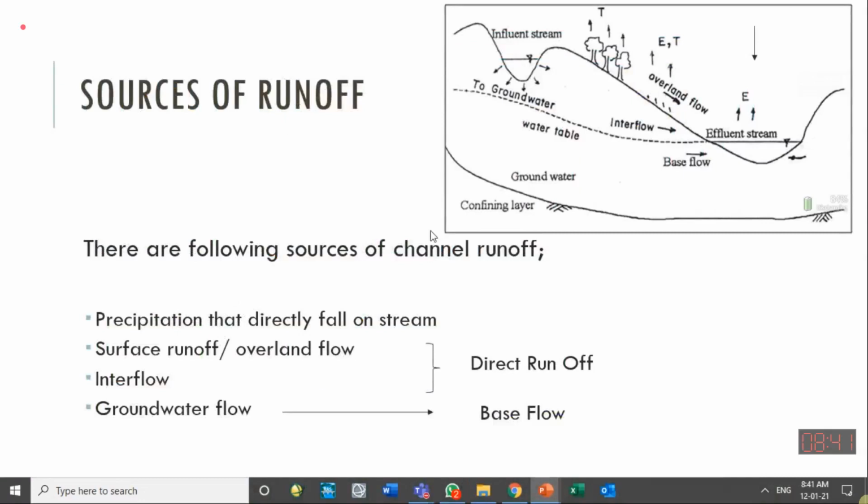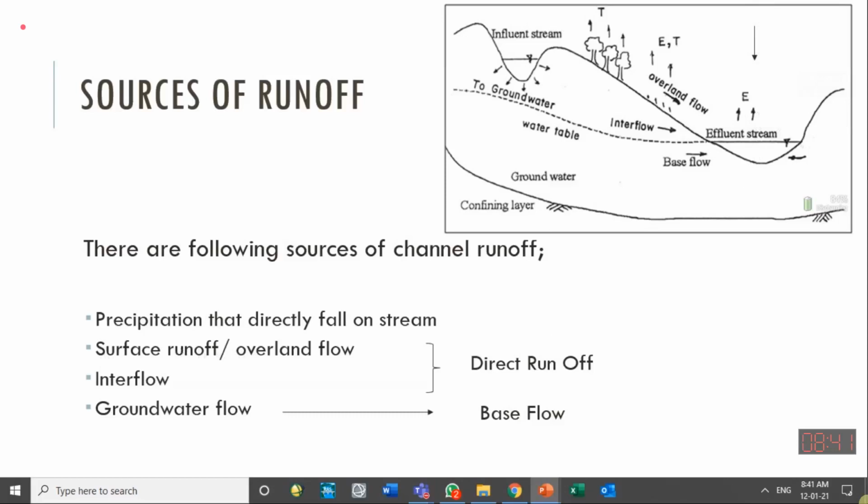So runoff is everything combined together. Number one is precipitation that directly falls on the stream. If this is the stream, whatever is coming directly onto it is a component of the runoff. Another is surface runoff, in the form of overland flow or sheet flow.